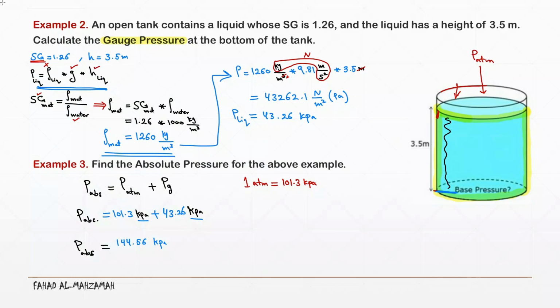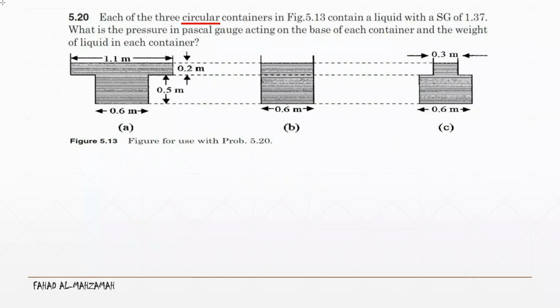this section. Okay, and I bring it from the textbook, which is the last exercise or the last problems, 5.20. Now in this question it says each of the three circular containers in figure 5.13, which is this one. So here we have three circular containers, or sometimes they say cylindrical container.